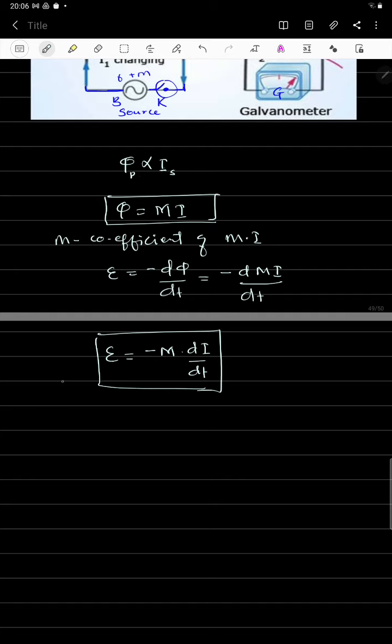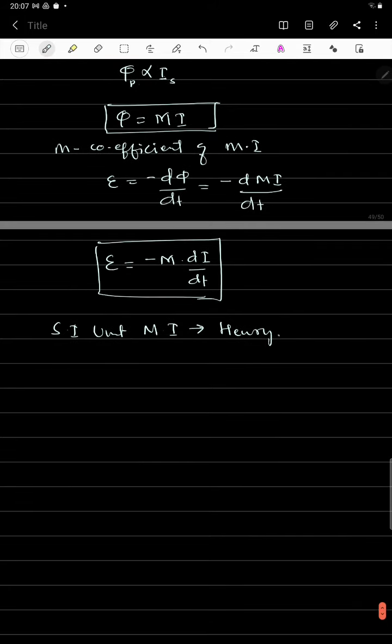The SI unit of mutual induction, that is M, is the Henry. The SI unit of mutual inductance is Henry.